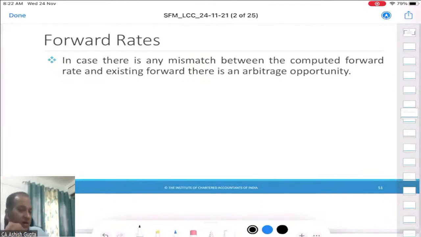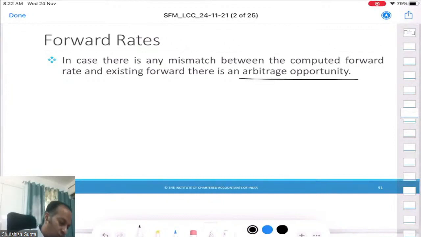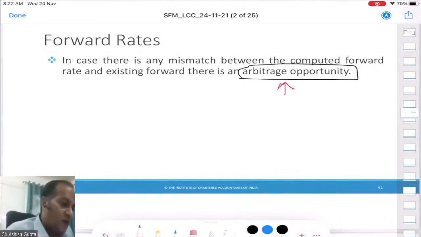Now here, student, it says that in case there is any mismatch between the computed forward rate and the existing forward rate, then there is an arbitrage opportunity. What does this mean? It is very important. Even this practically happens. I will give you a very small example, then you will see the importance of this theory.